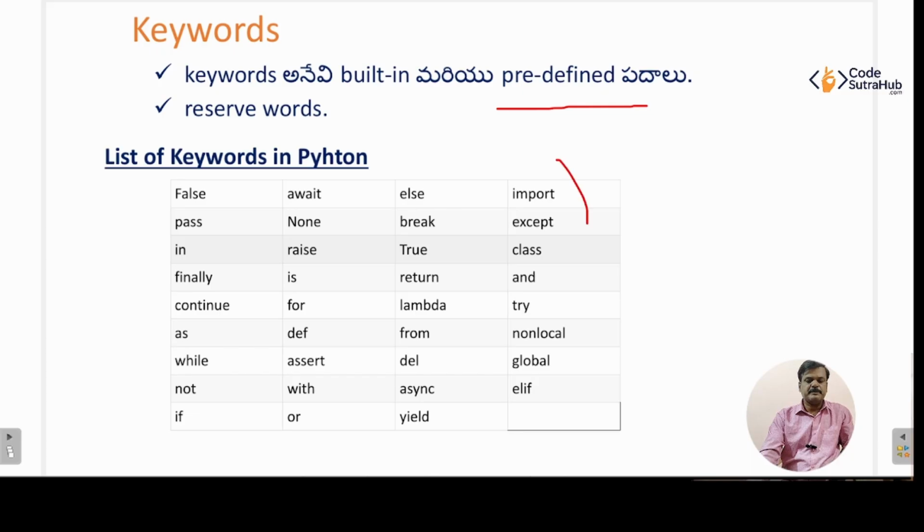So these are the keywords provided by the Python programming language. The list may increase in future because Python is an evolving language. Here we have given 35 keywords. We will learn these keywords in detail in later classes.